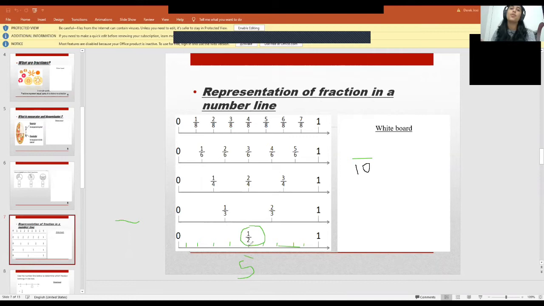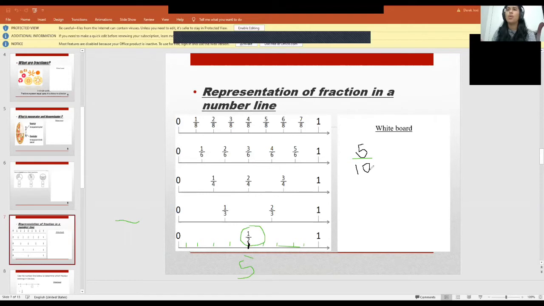Now if I want the fraction in the fifth subdivision, so how much is that? So you have 1, you have 2, you have 3, you have 4, and you have 5. So I can represent this particular portion as 5 by 10.